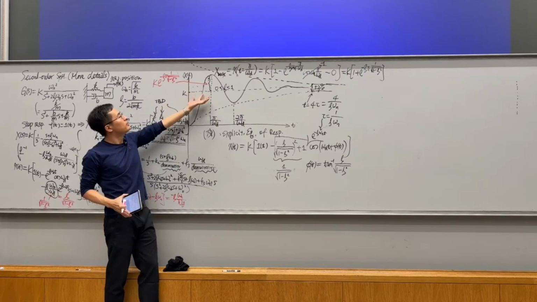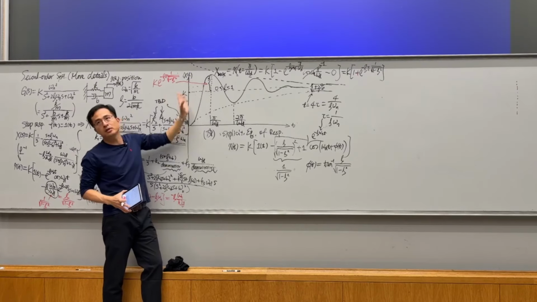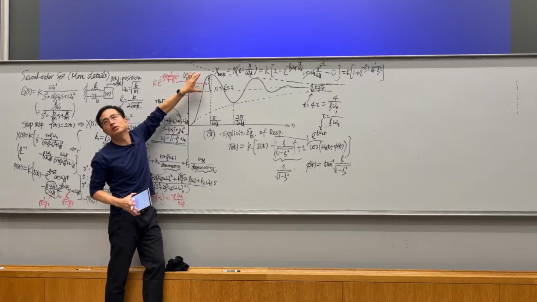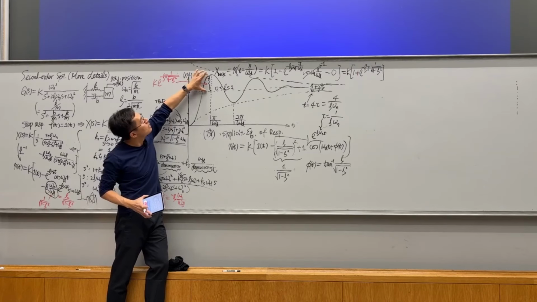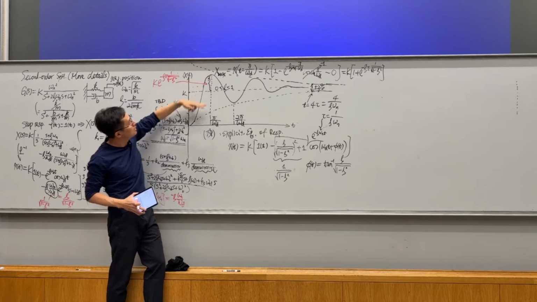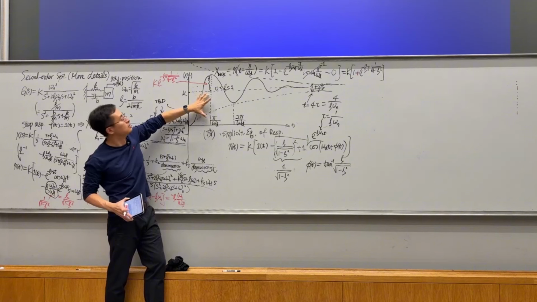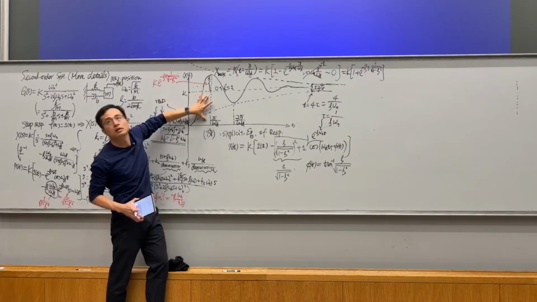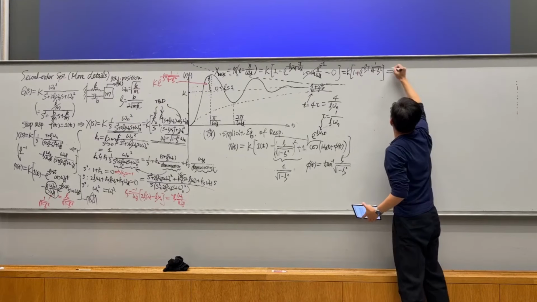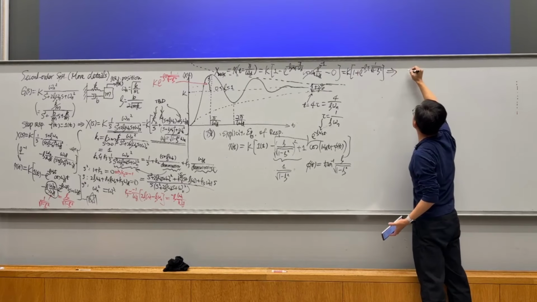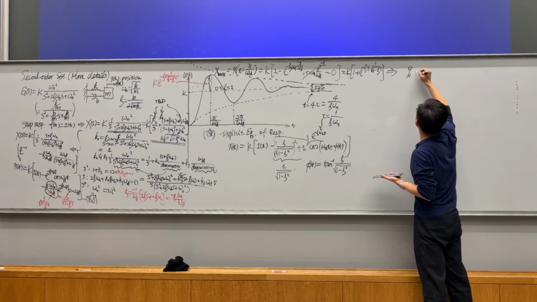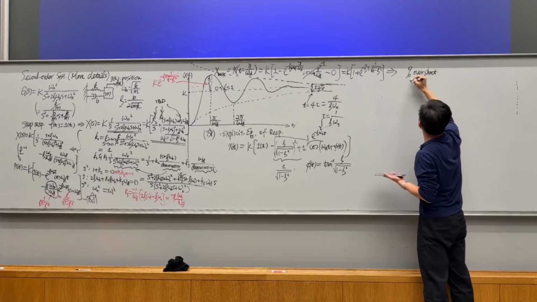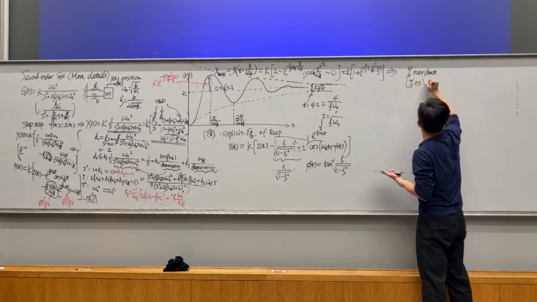We usually call this the percentage overshoot concept: how much is this compared to the steady state value. The ratio between this and this, we call the percentage overshoot, or OS percentage.